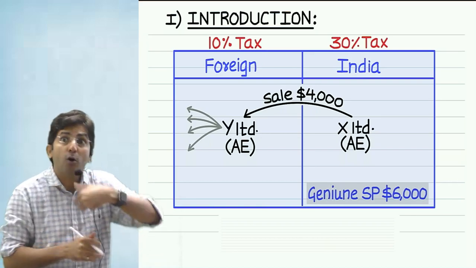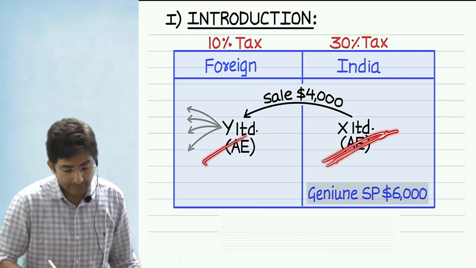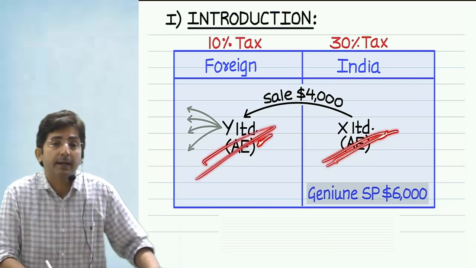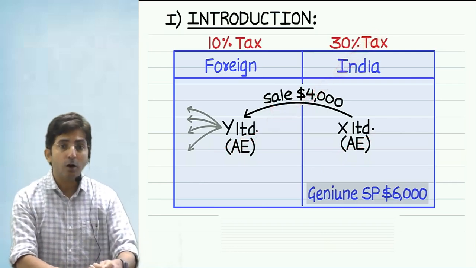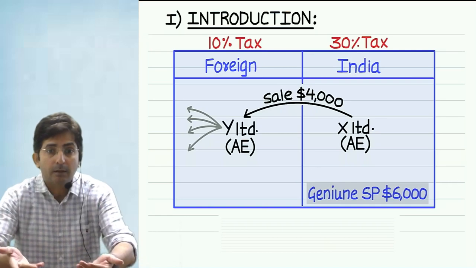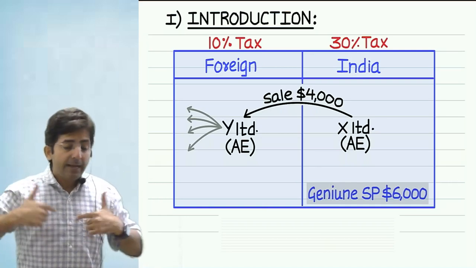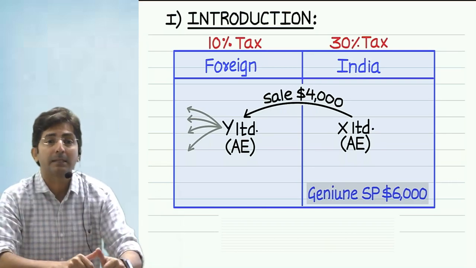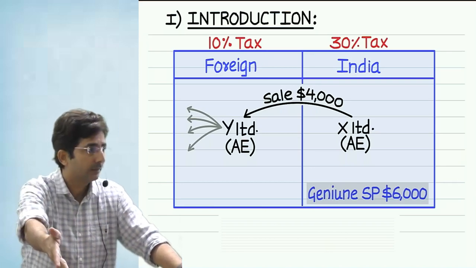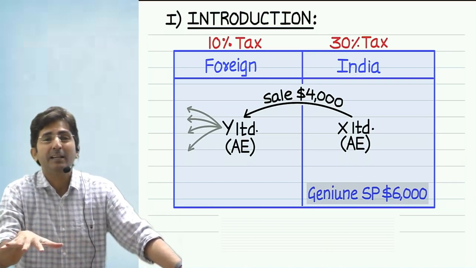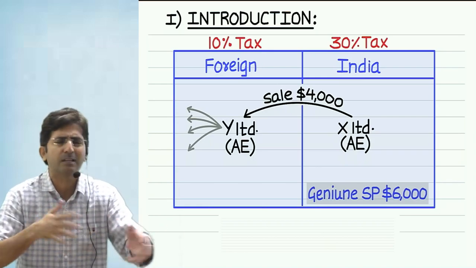So vice versa, think opposite. If I can prove that me and Y are not associated, they will have to accept this price. In short, the blame of cheating will come on us when we are transacting with an associated enterprise. Now what is an associated enterprise? We will learn soon. Till now I am just casually explaining, as if from our family, we are related, brother, sister, whatever I am saying.